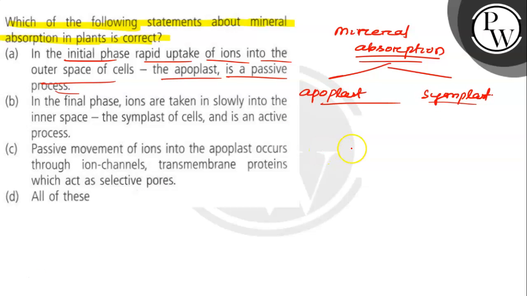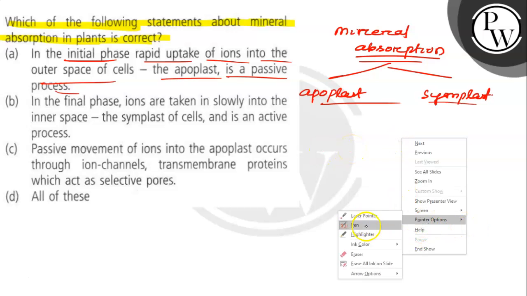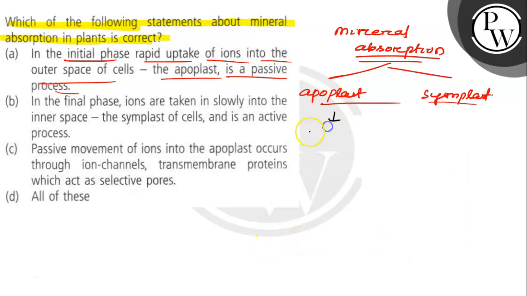In the apoplastic movement, the movement of ions occurs in the intercellular spaces in between the cells and the cell wall.